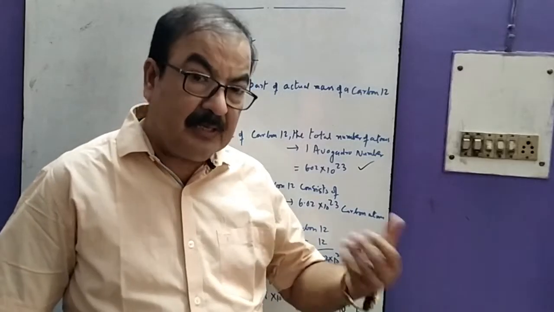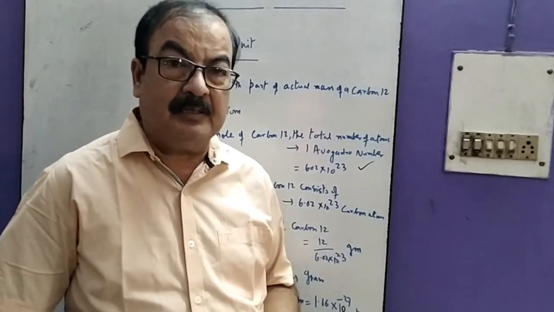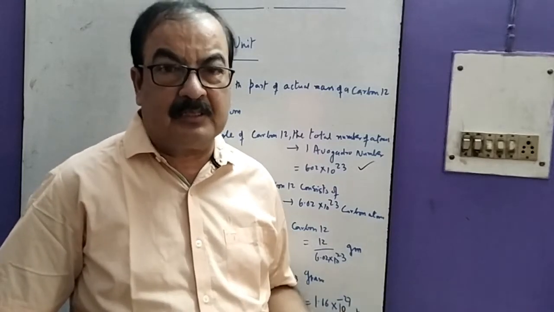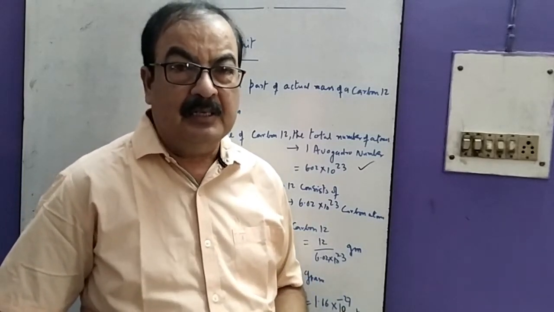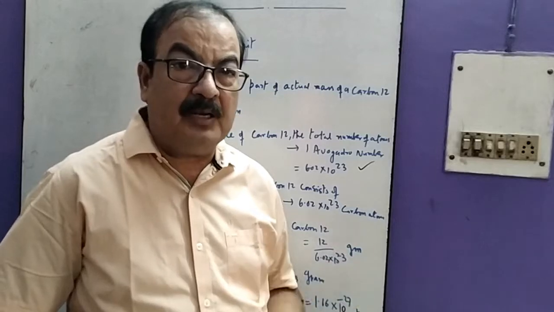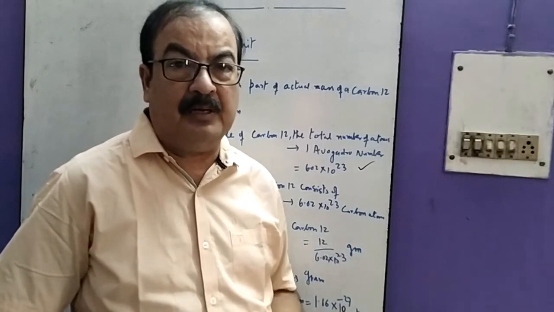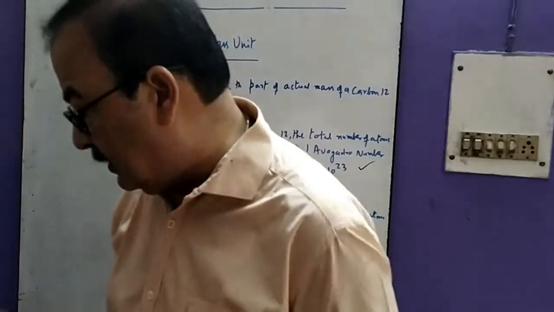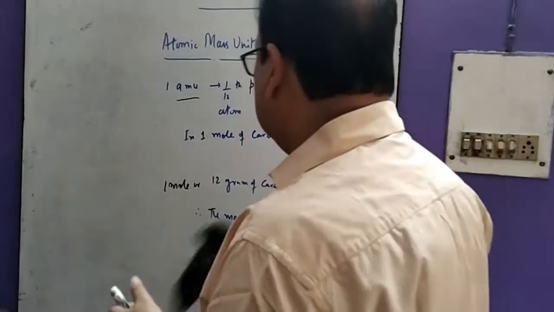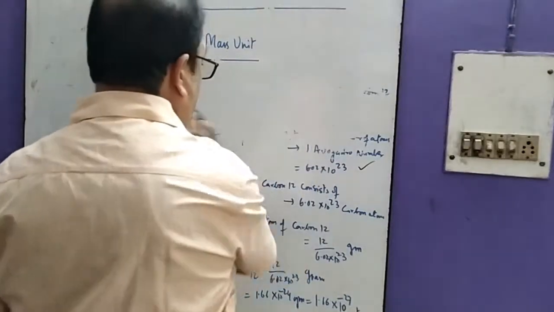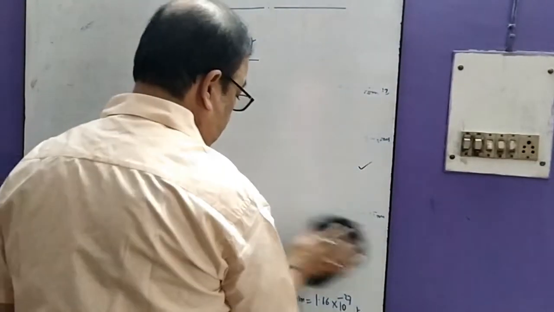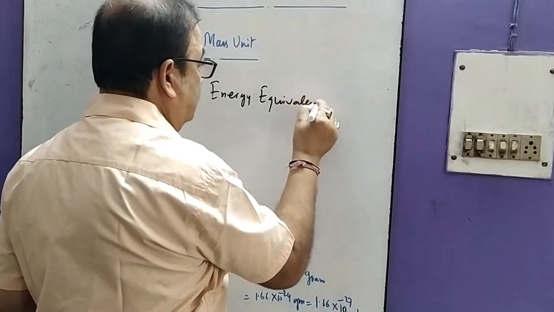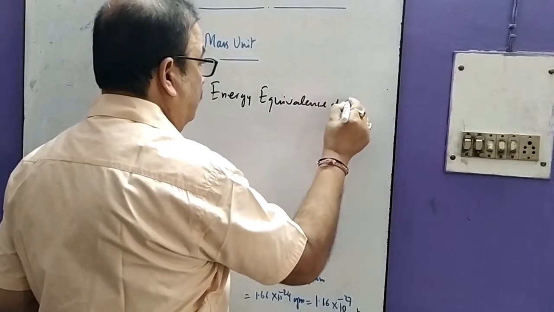Now, when we consider such a small thing, if we want to correlate it with energy, we have to take the energy equivalent of the same amu. In the next phase, we take the energy equivalence of amu.